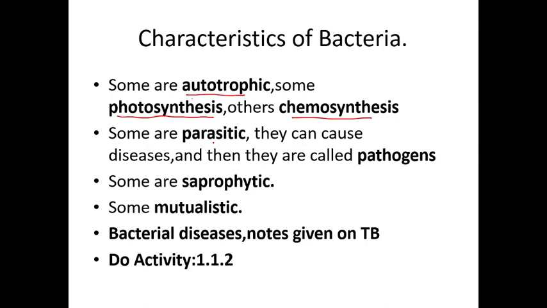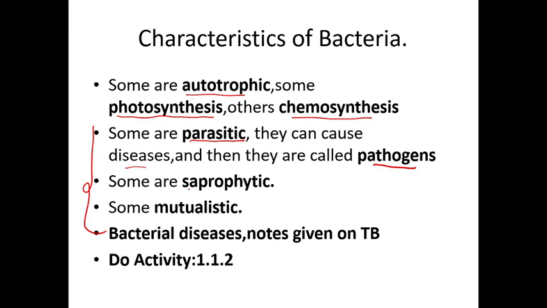The heterotrophic, these ones now are heterotrophic bacteria. Types of them include parasitic. They can cause diseases, meaning they are pathogenic. They are pathogens. They benefit and the host does not benefit, such as TB and the likes.